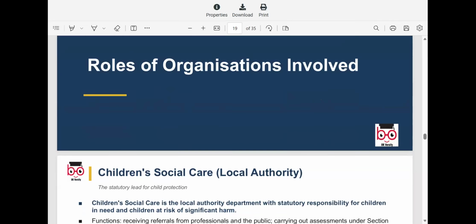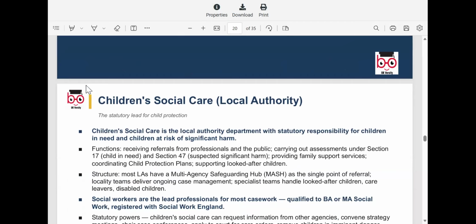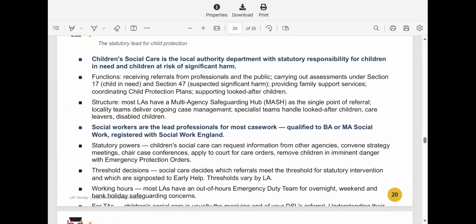AC 2.4, roles of organisations involved. So we've got the first one, Children's Social Care, the local authority, and they act as the statutory lead agency for child protection in England under the Children Act 1989 and the Children Act 2004.